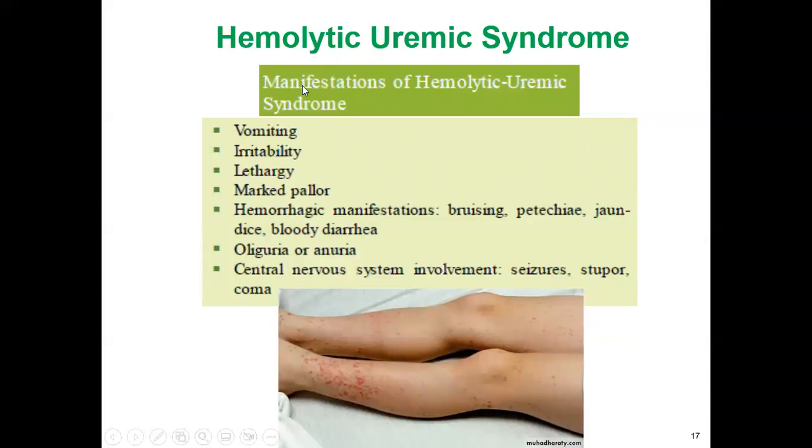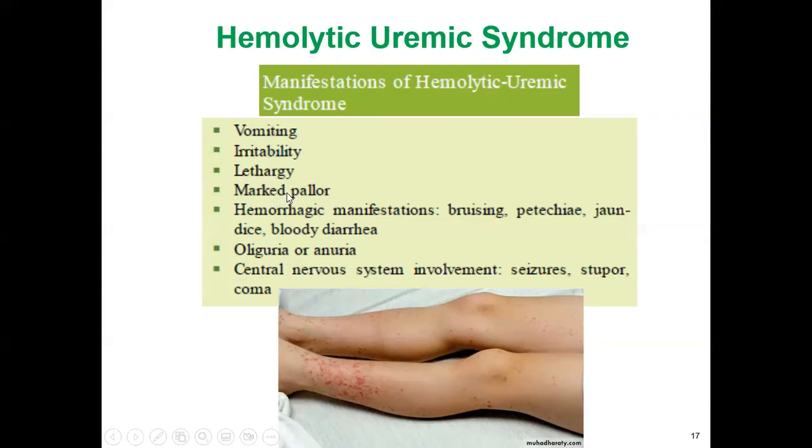So let me read: what are the manifestations of hemolytic uremic syndrome? As I told you already, but there are a few more. Vomiting, irritability, lethargy, pallor because of anemia.